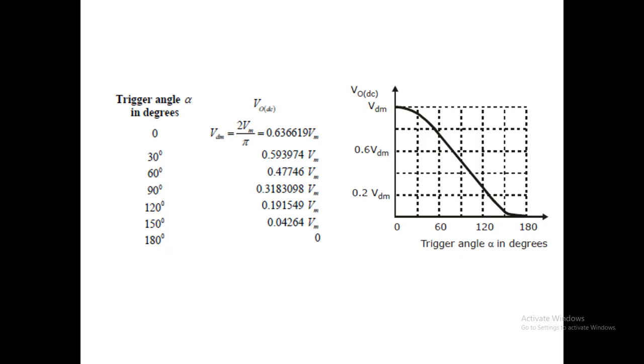For alpha equal to 0 degrees, we get VDC max, our maximum output voltage, 2 Vm by pi, which is 0.636619 Vm.